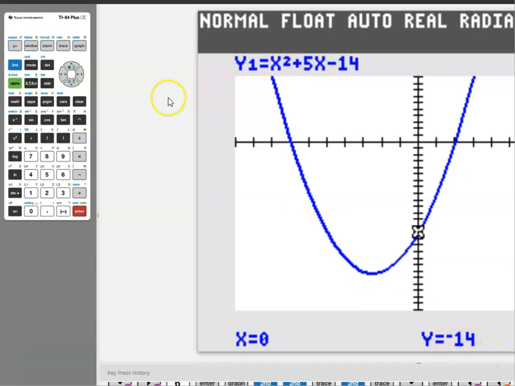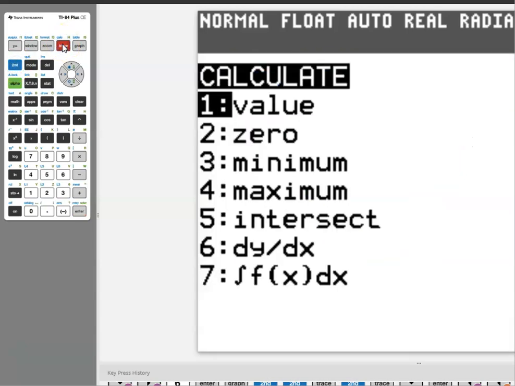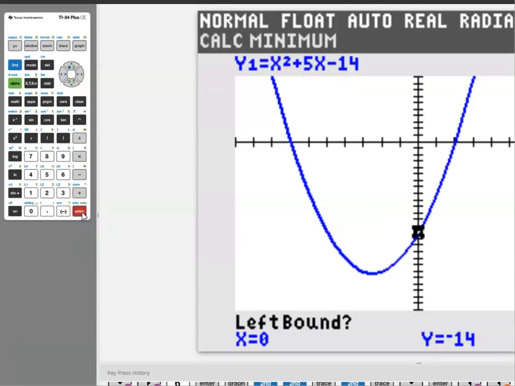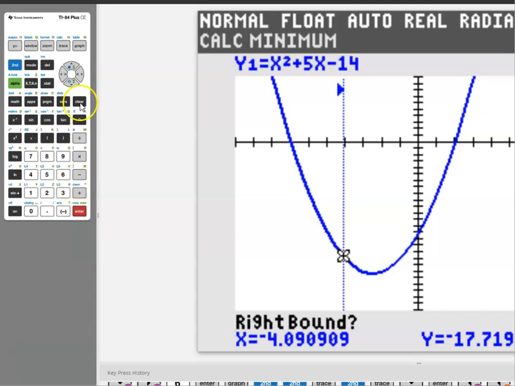Next, I want the vertex. Guess where we're going? Back to second calc. And I want to figure out the vertex. I see it's a minimum. So I'm going to go down to 3 and hit enter. I have to be left bound. Move the cursor around the vertex. Once I'm above the lowest point and I'm to the left of it, hit enter. Then it wants right bound, come around the other side.